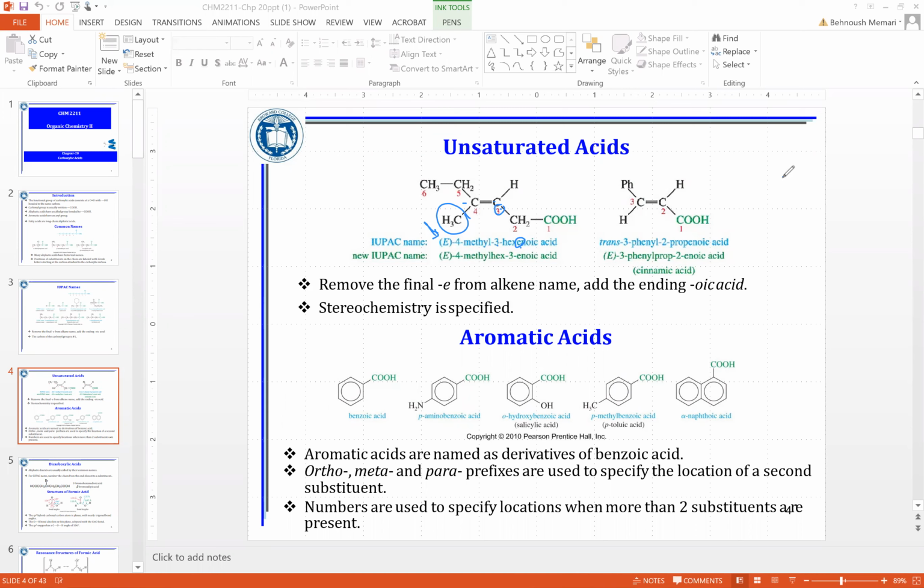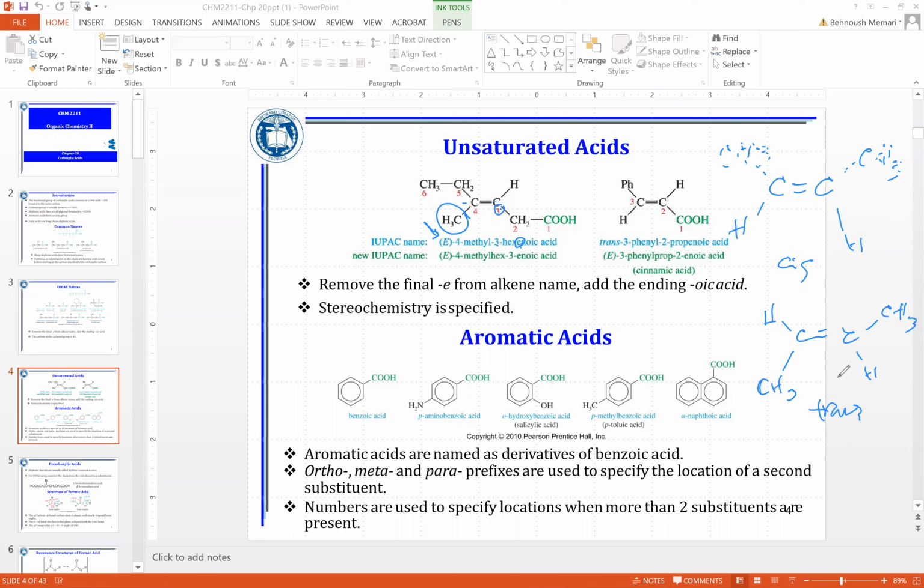You could have cis or trans, like CH3, CH3, H, and H. Both CH3s are on the same side, so this is going to be called cis. If you have a C=C double bond and the CH3s are on the opposite side, it would count as trans. So we have cis and trans.